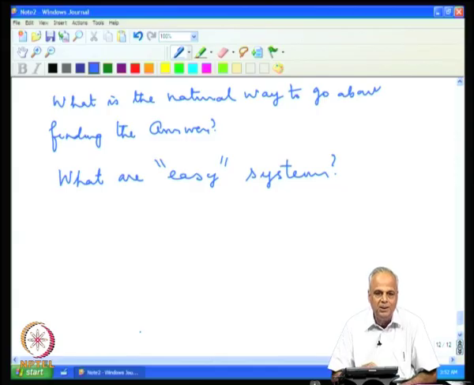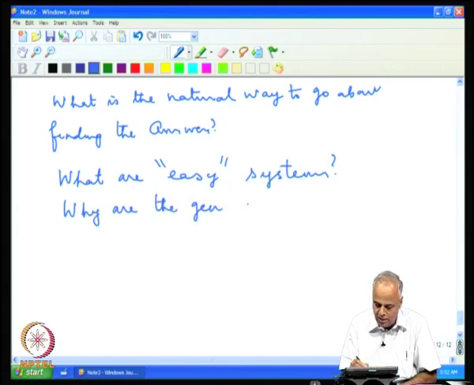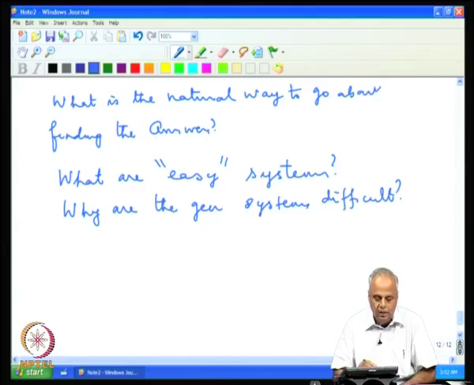To answer this question, we must first understand why are the general systems difficult. The difficulty lies in the fact that each equation involves every one of the variables, or probably each equation will involve several variables, and therefore, no equation on its own is able to help you to determine one of the unknowns.